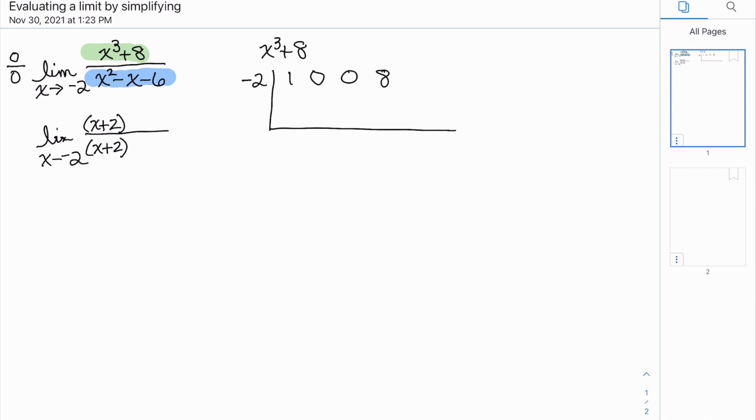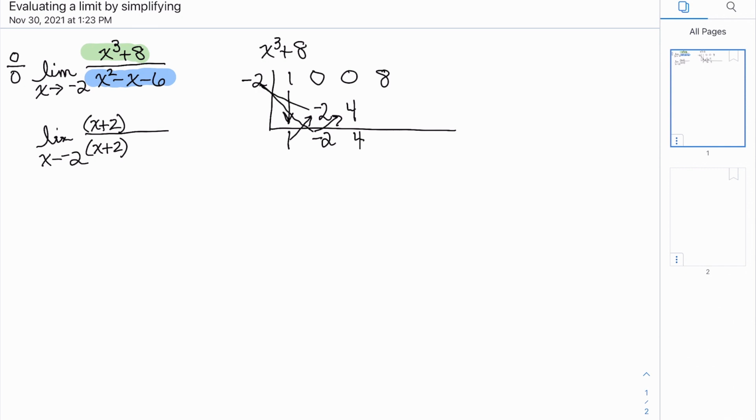Now with synthetic division, we bring that first number down, so 1 comes down. And then we multiply that -2 times that 1, so -2 times 1 is -2, and we bring it up underneath the next number. And then we add. 0 plus -2 is -2. Then we start over again. We multiply. -2 times -2 gives me 4, and 0 plus 4 gives me 4.